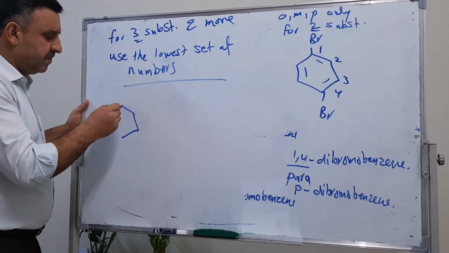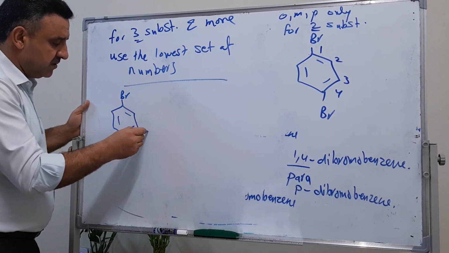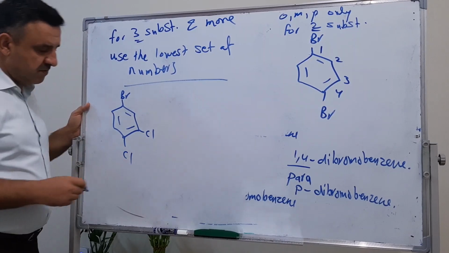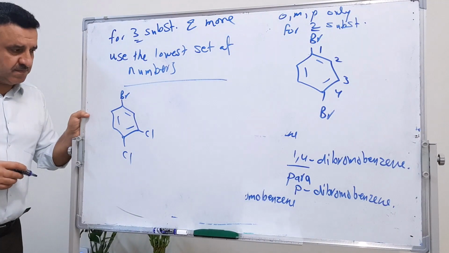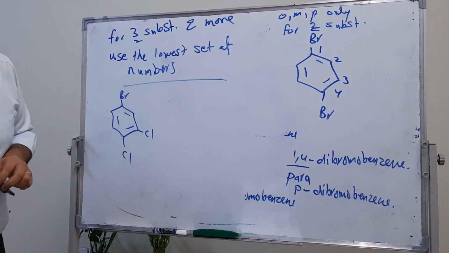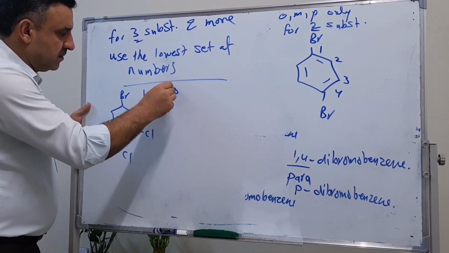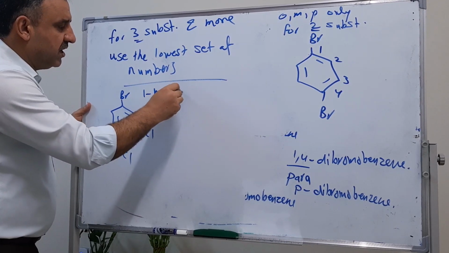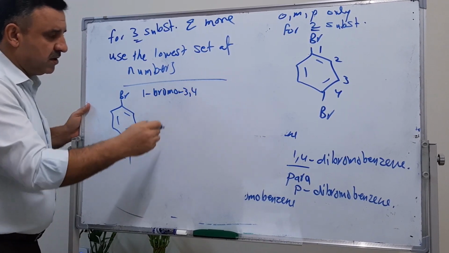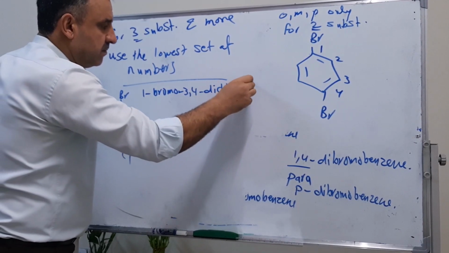For example, here, what would be the name of this compound? What do you think? 1 bromo, 3, 4 dichloro benzene.